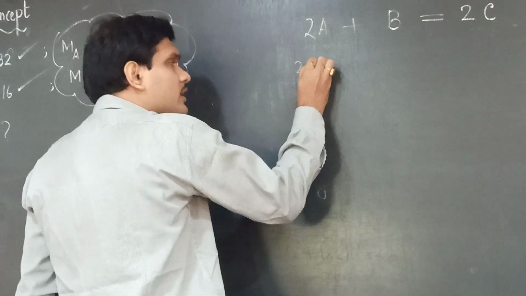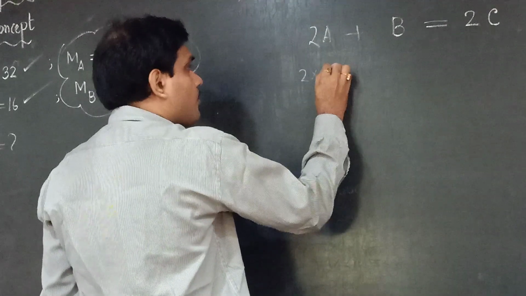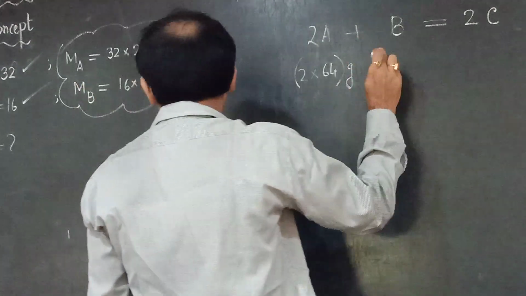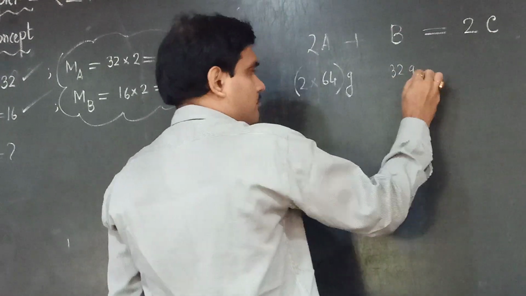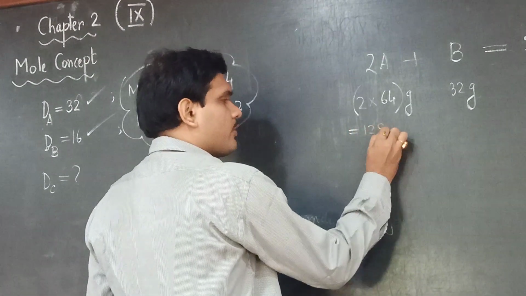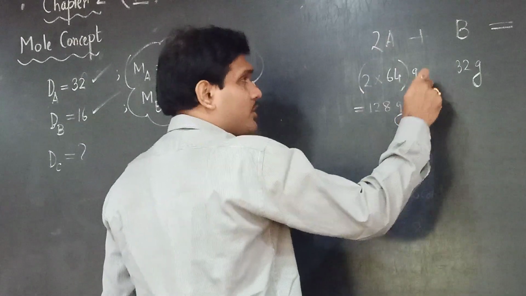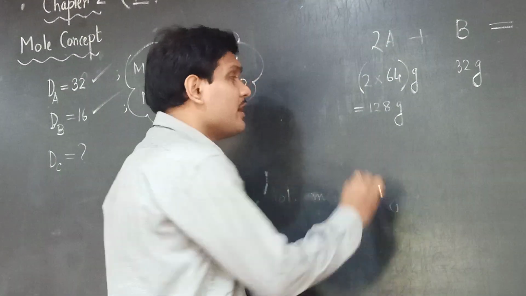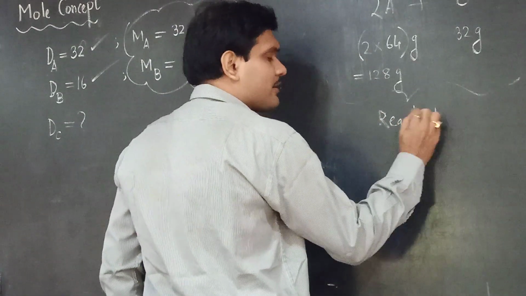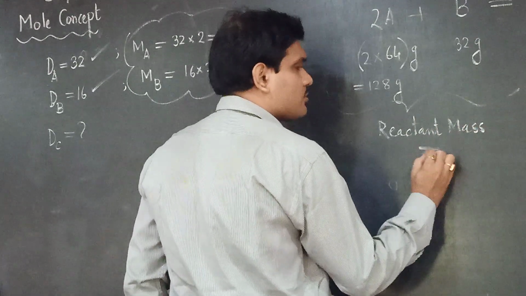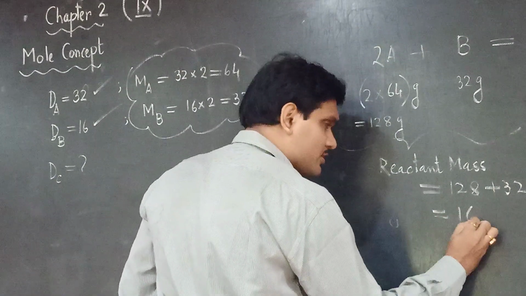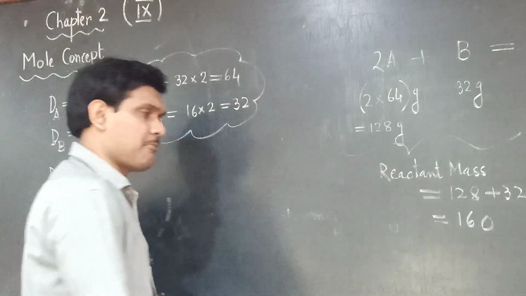I can write 2 into 64 grams of A, which combines with 32 grams of B. So 2 into 64 means 128 grams. 128 grams of A reacts with 32 grams of B. So the reactant mass is equal to 128 plus 32, which is 160.